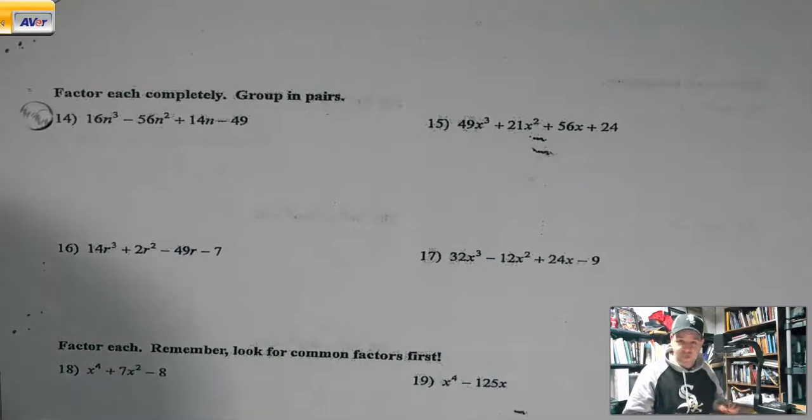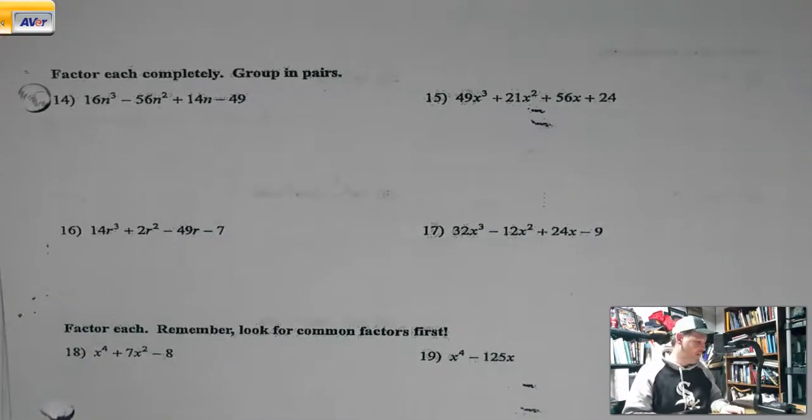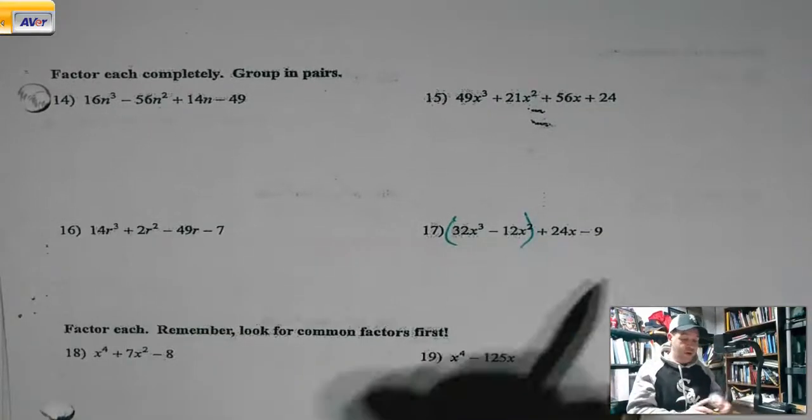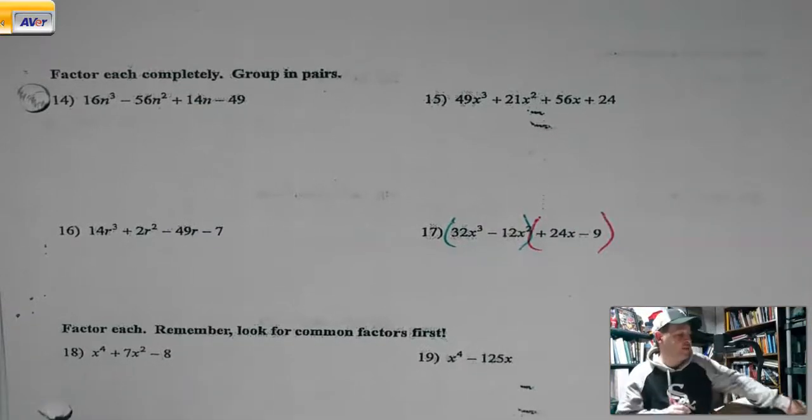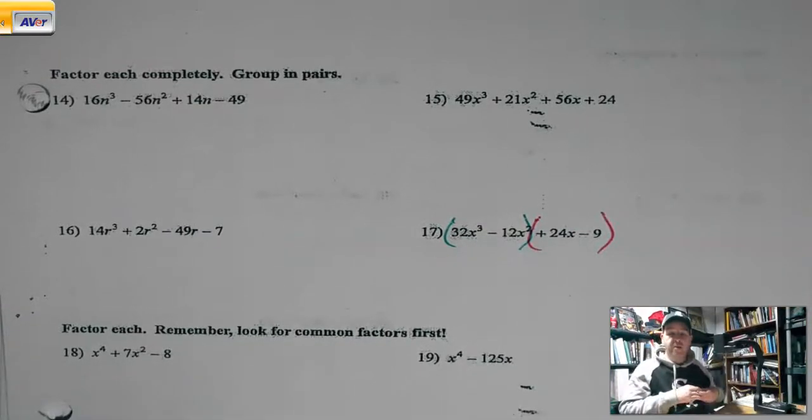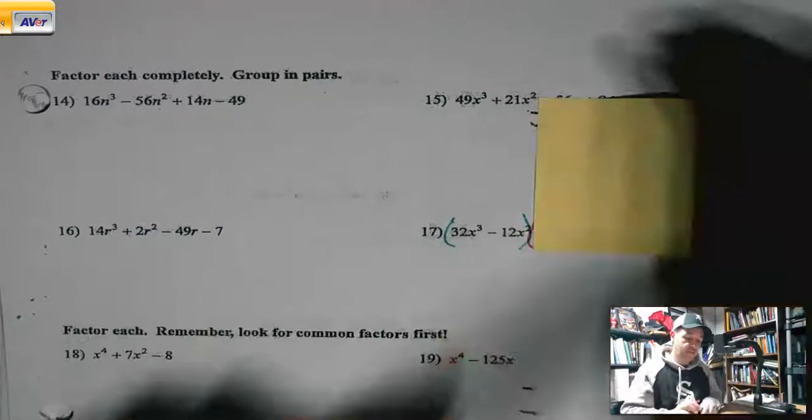Okay, so I'm going to do one in each of these because we've nailed this over and over, and I don't have my factoring help sheet with me, so you're just going to have to roll with me here. When we're in 4 terms, pair them off every time. I do have sticky notes though. So once we pair them off, if there's 4 terms, we're going to lose one of them.